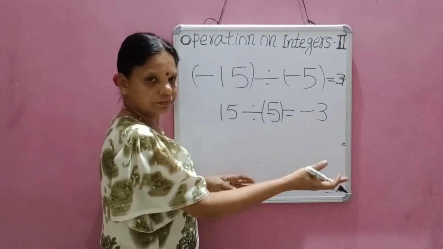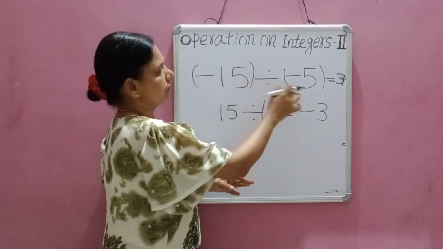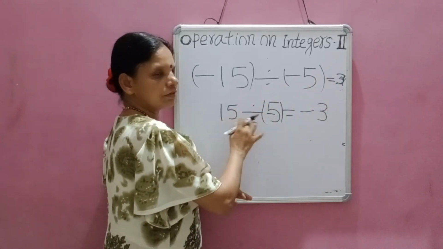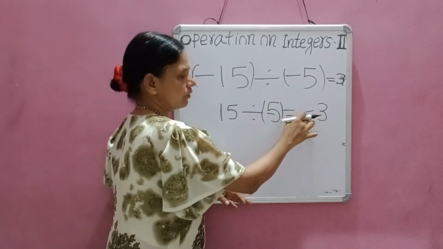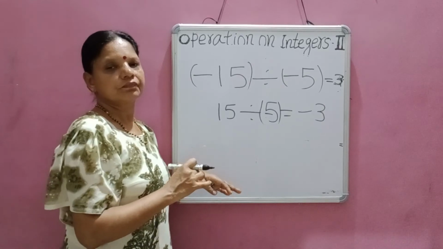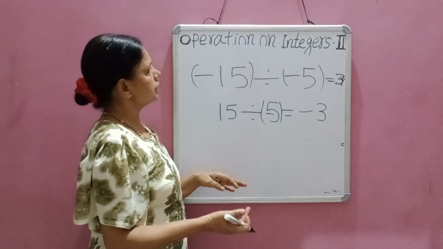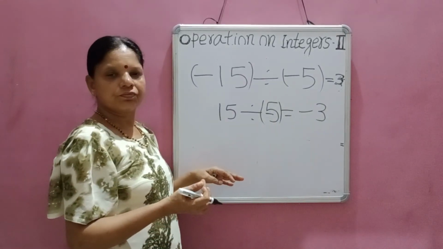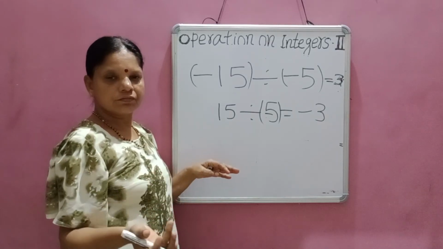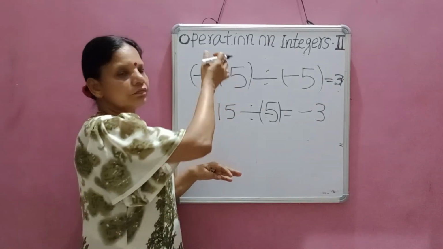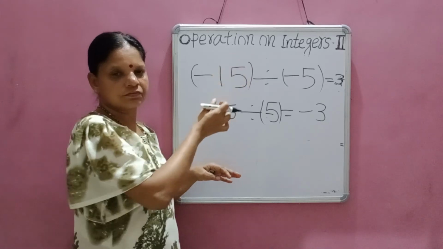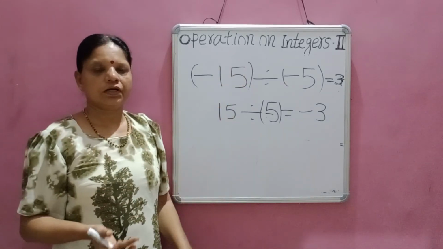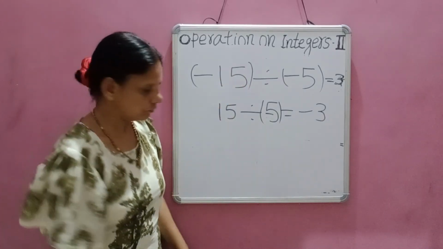The division is the same: 15 divided by 5 is 3. But the sign will change. This is the rule of operation of multiplication and division in the case of integers, that is positive, 0 and negative. Clear?